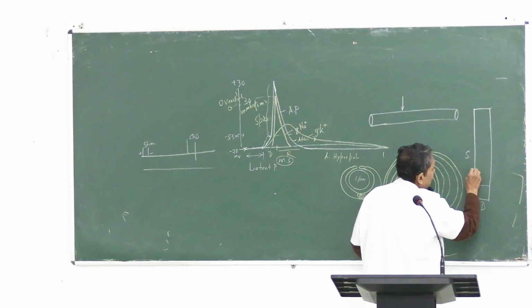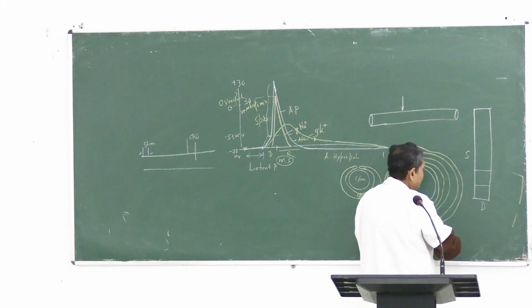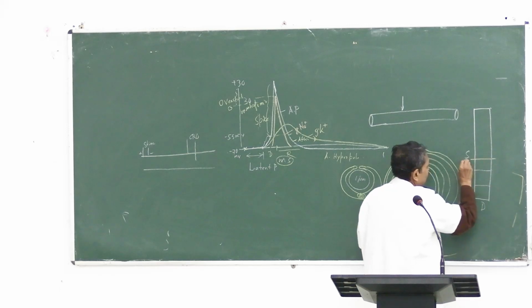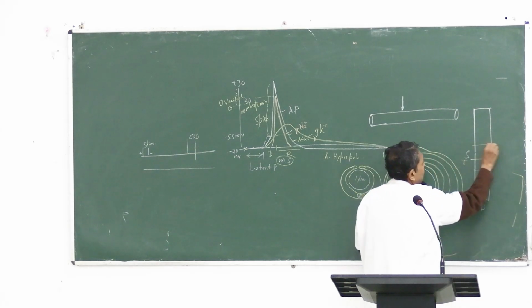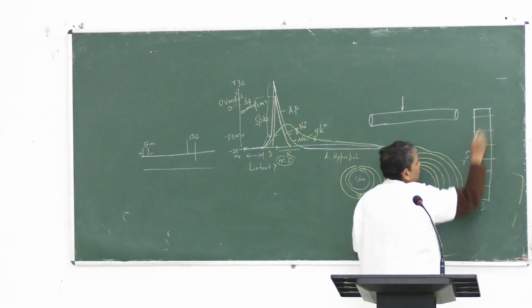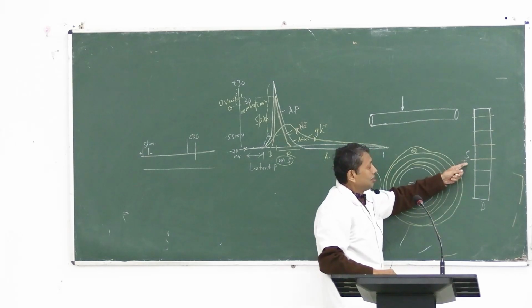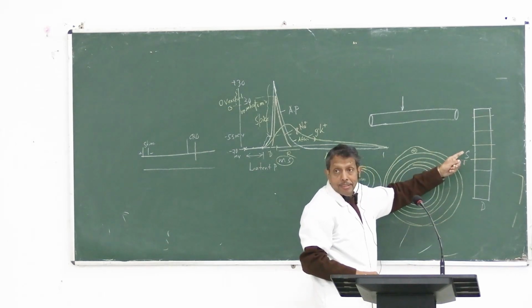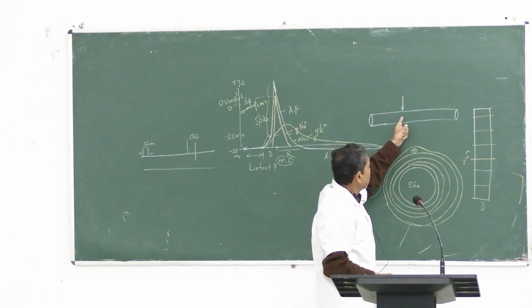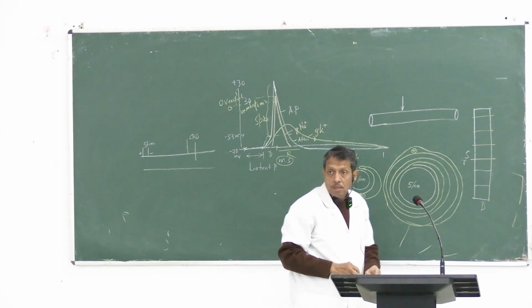Suppose these are the sub-threshold values, and this is the threshold value, and these are all supra-threshold values. So when it is threshold value and above, then there is some change in the membrane potential.